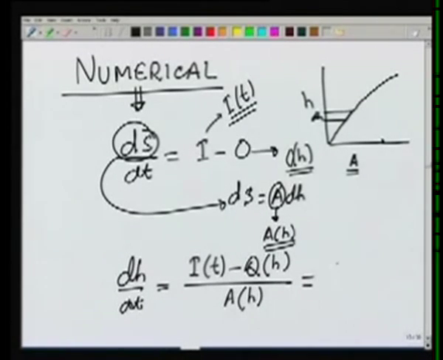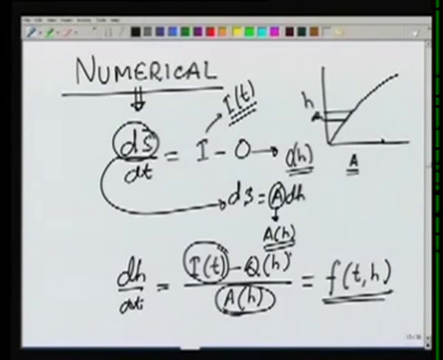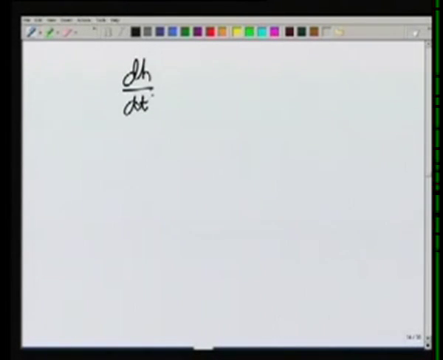We can write this as some function of time and h, where this is a known function because area is a known function of head, inflow is a known function of time, and Q is a known function of the head over the spillway. So this gives us a differential equation of the form dH by dt equals a function of H and T, which can be solved by using various available numerical techniques.